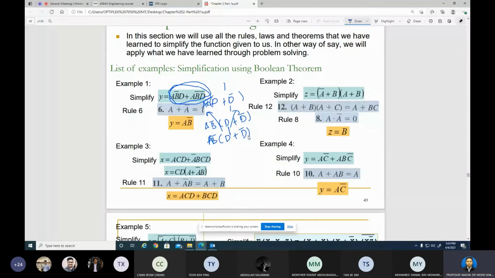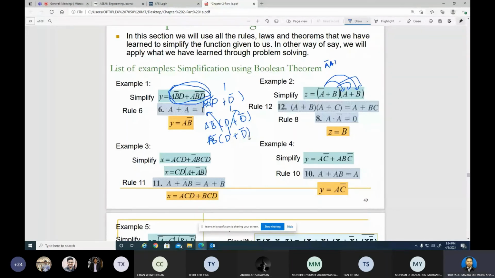Also, if you cannot see this clearly, you can multiply this one by this one, then plus this one multiplied by this one. For example, I just multiply A bar by A, so this one, using rule number 8, will be 0.